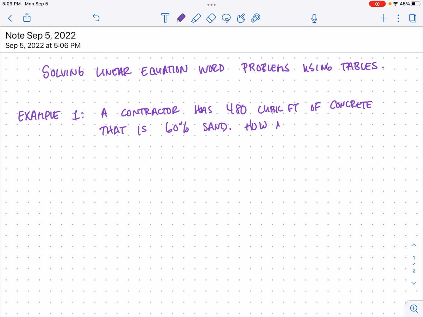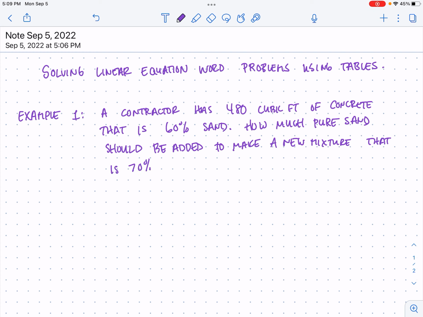How much pure sand should be added to make a new mixture that is 70% sand by volume? So that's one type of problem that we might solve with this method that we're going to look at.